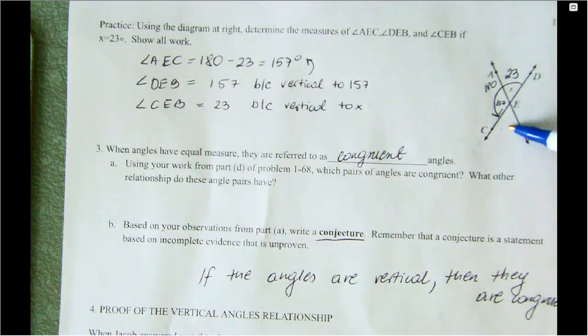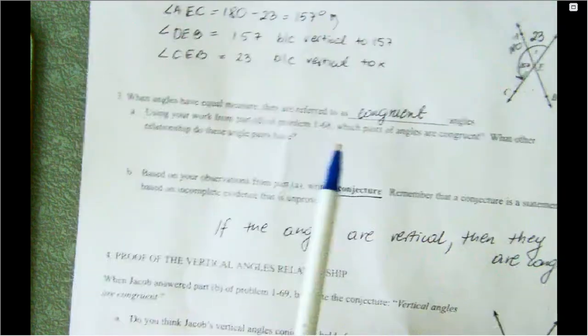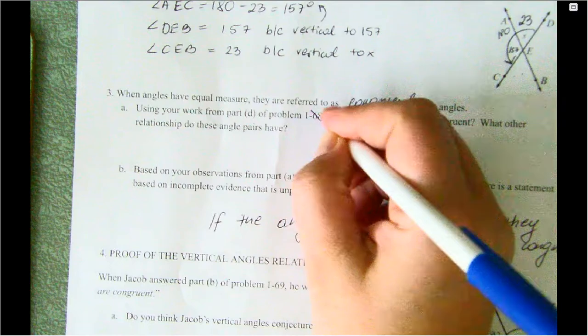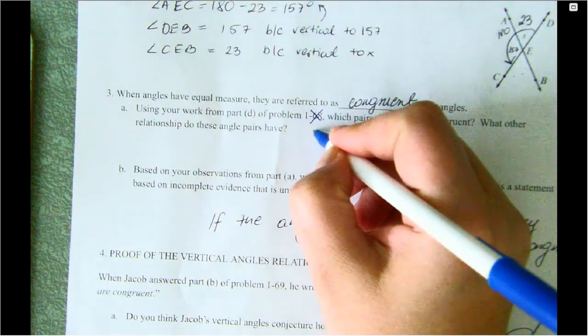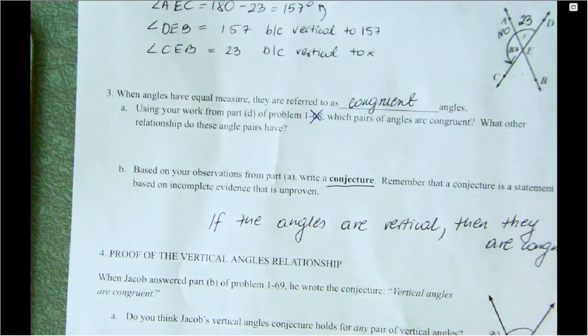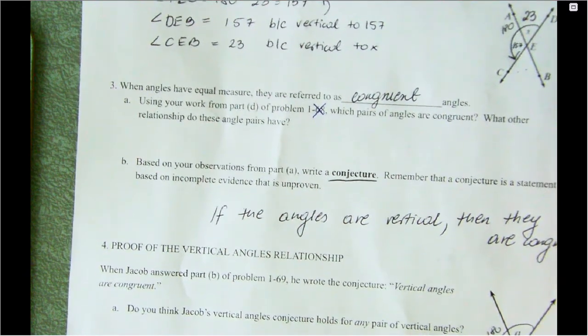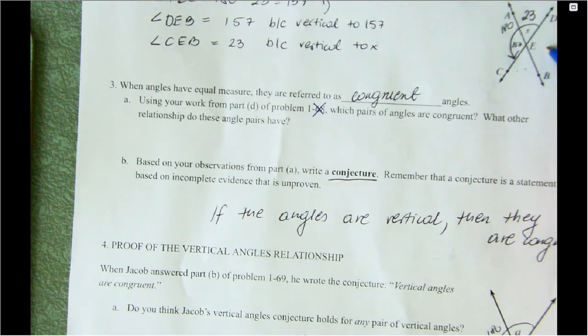So that one is also 23. So if the angles are exactly the same, we call them congruent. This should be the last one, but don't worry about it. So we got vertical angles and we got linear pairs here.